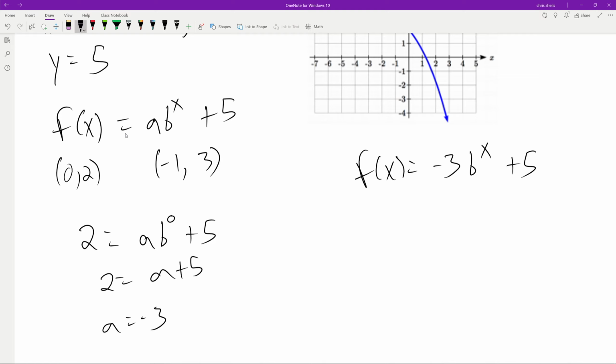If I substitute in this other point, 3 equals -3 times b to the -1 plus 5. Subtracting 5 from both sides, I get that -2 equals -3 times b to the -1.